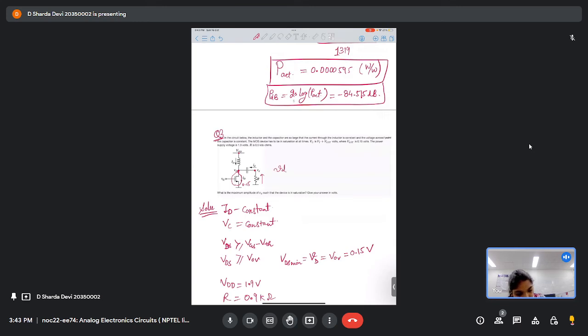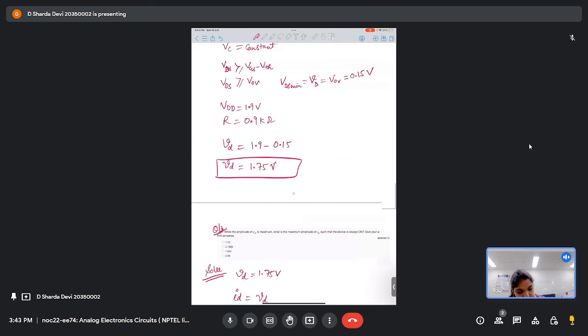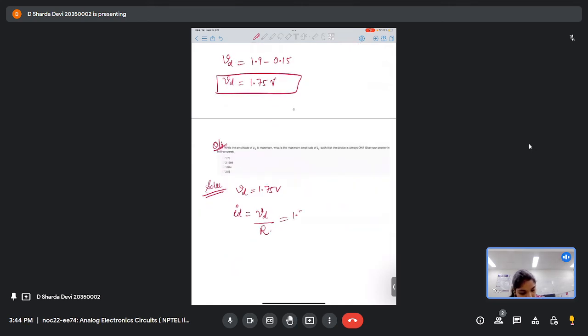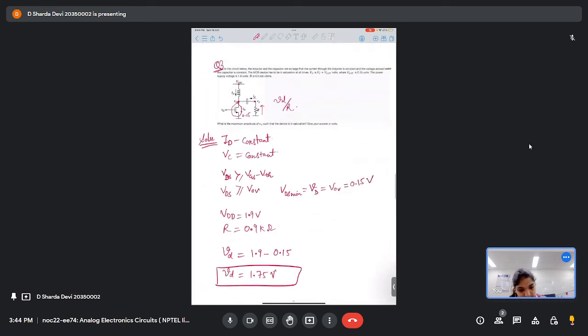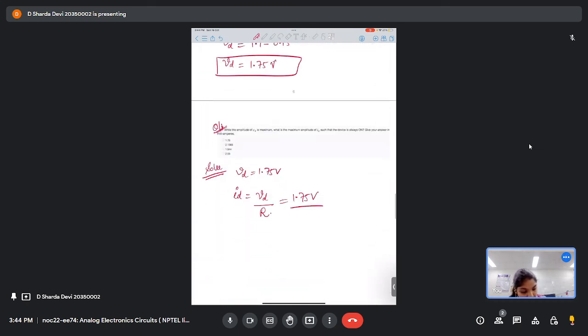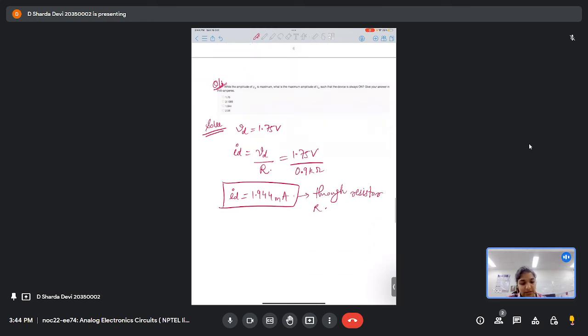This will be VD by R. So we'll simply put 1.75 volts by 0.9 kilo ohms, and we get ID as 1.944 milliamperes through resistor R. This is the current through resistor R.